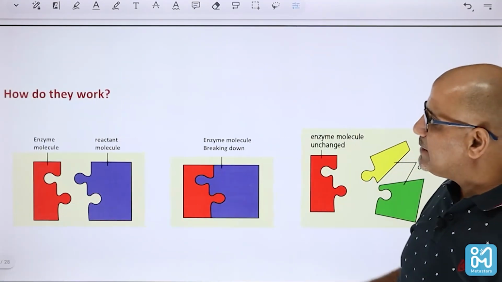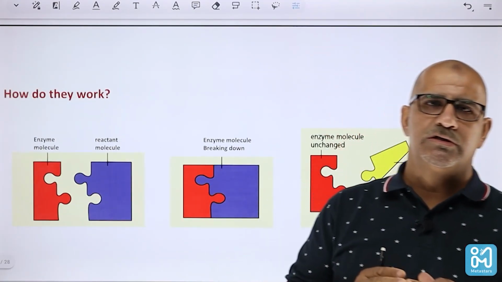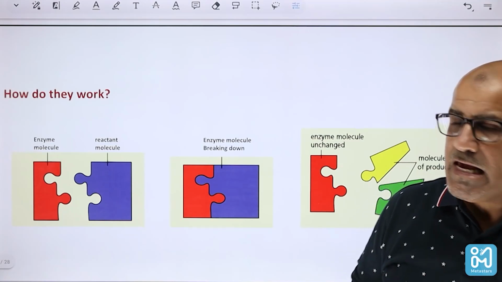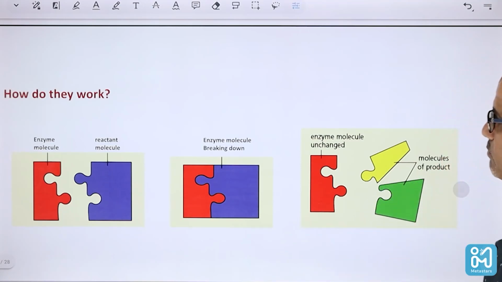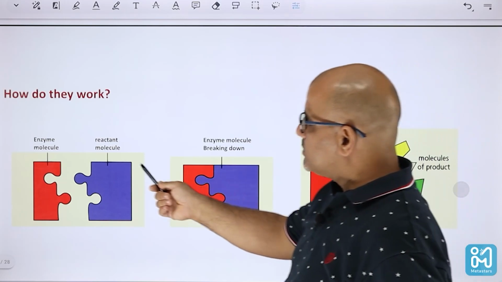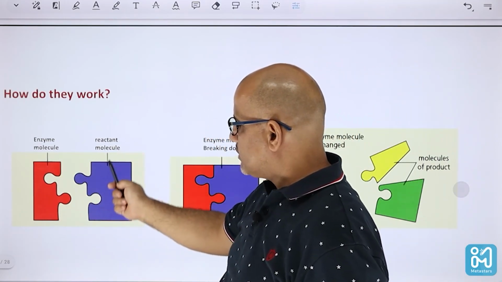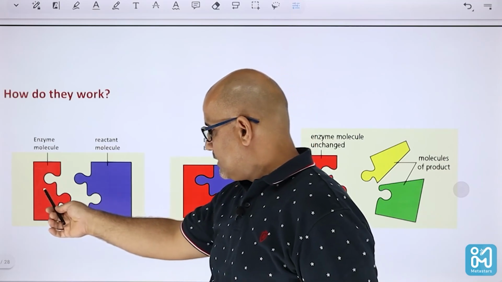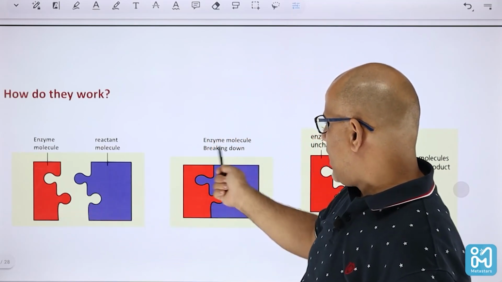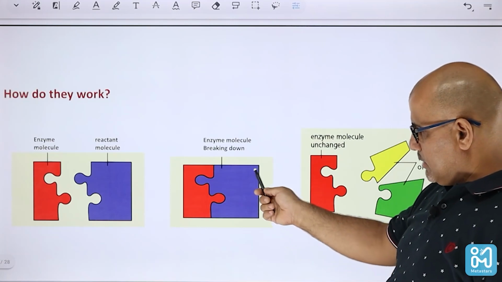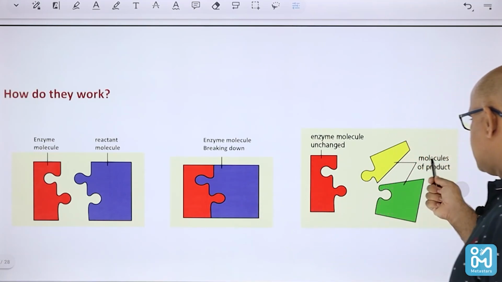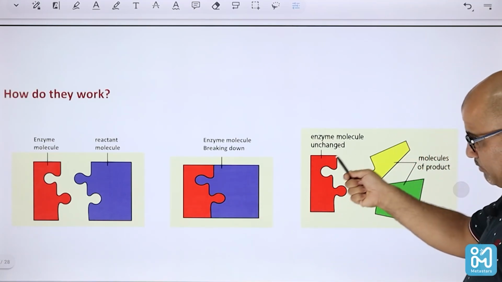The theory of the catalyst working is known as the lock and key. Here, the enzyme molecules are correlated with the reactant molecules, and if the catalyst comes and reacts with the reactant molecules, it leads to breaking down, forming the products.